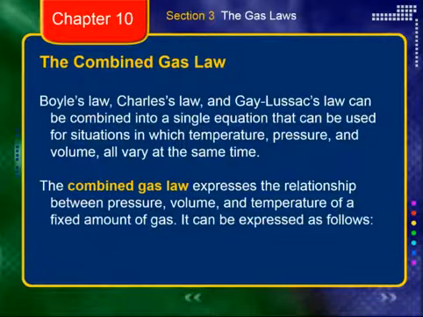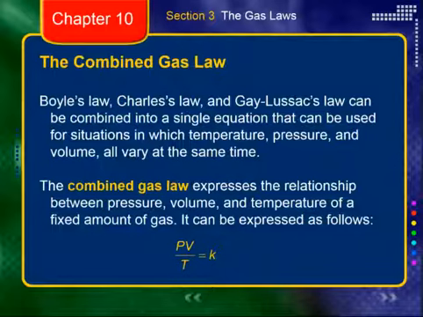Boyle's law, Charles' law, and Gay-Lussac's law can be combined, however, into a single equation that can be used for situations in which temperature, pressure, and volume all vary at the same time. Because we're combining all of these gas laws, we call this the combined gas law. Now, the combined gas law expresses the relationships between pressure, volume, and temperature of a fixed amount of gas, right?